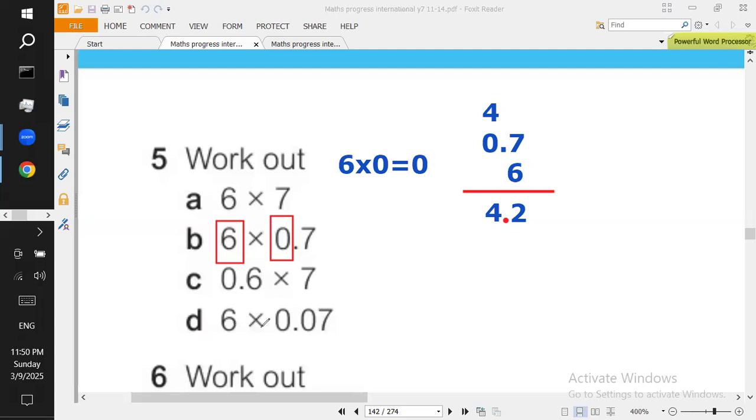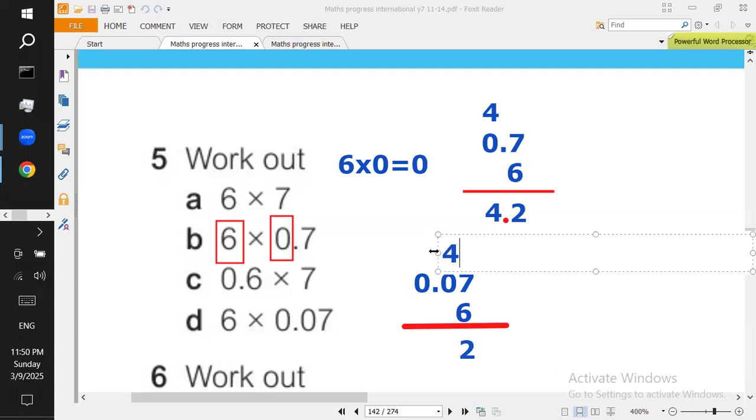Same idea with these. I'm going to multiply the last one. So 6 times 0.07, so 0.07 times 6, like this. Same steps. I'm going to multiply, then find the place of the decimal point and use it. First we have 6 times 7, as we said, which is 42. I write the 2 here and the 40.